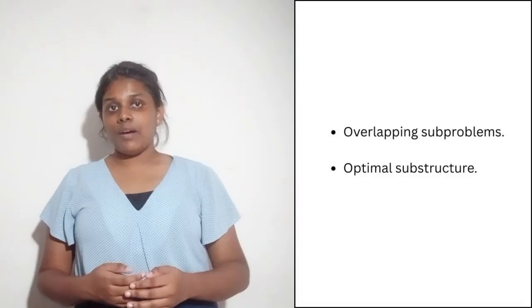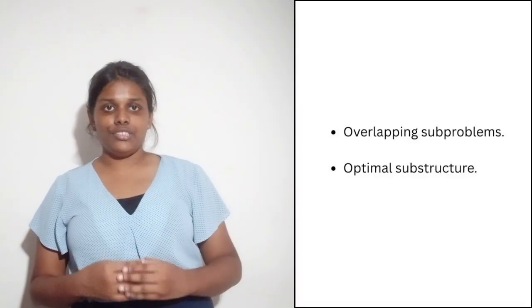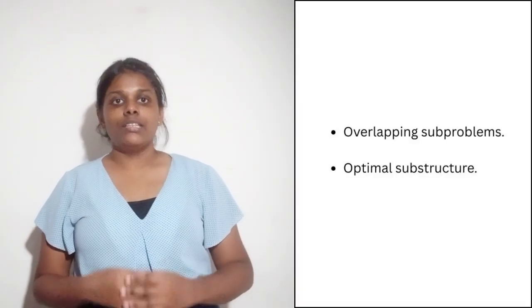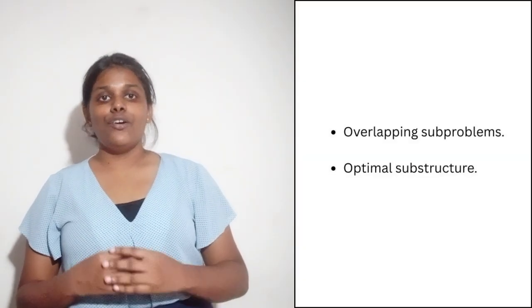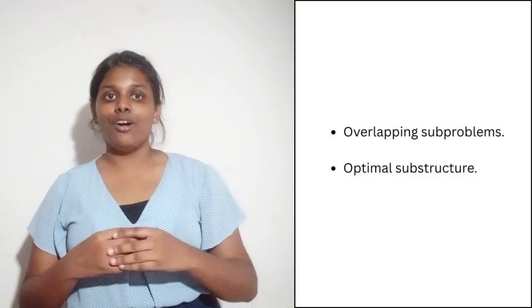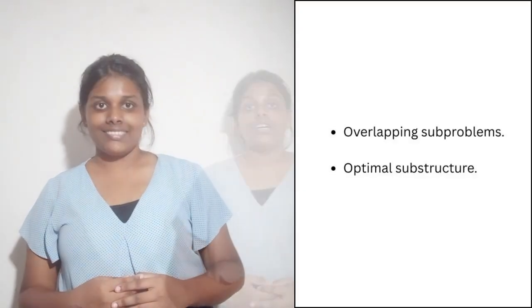To be solved by an algorithm designed using dynamic programming, the problem must have two properties, which are overlapping subproblems and optimal substructure. Overlapping subproblems mean that the problem can be divided into subproblems where the solution to one subproblem is reused as a part of solving another subproblem.